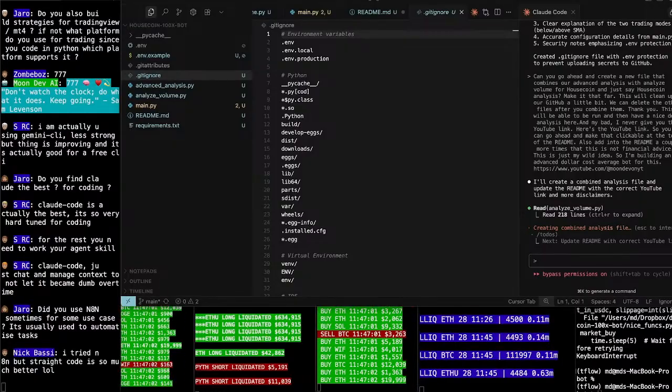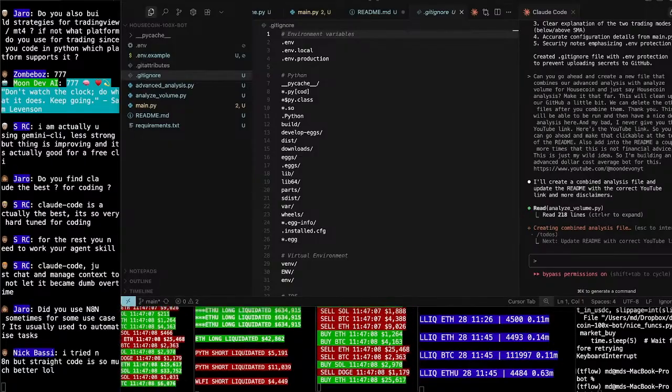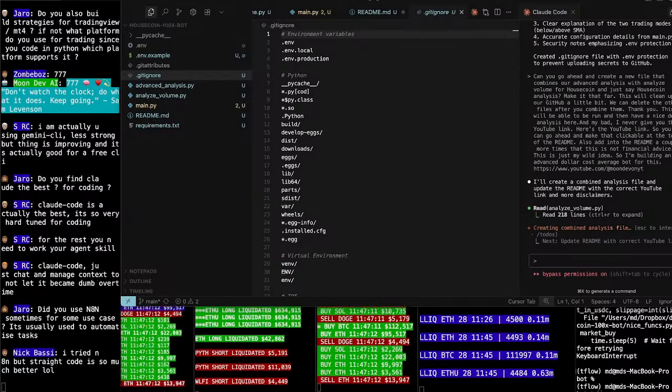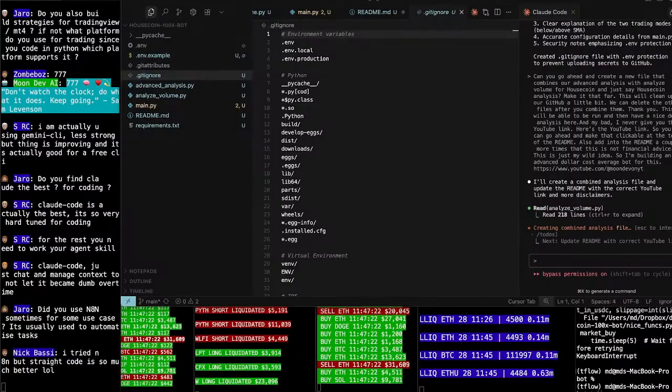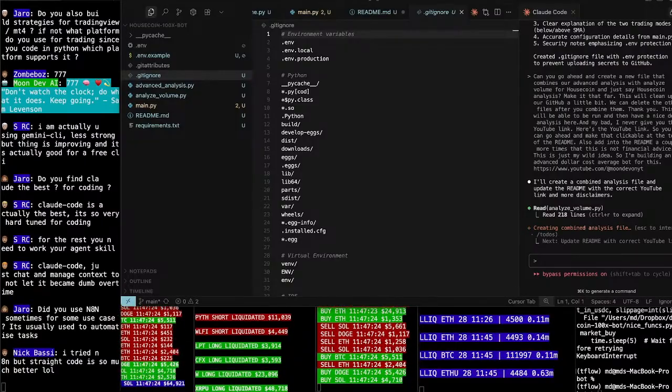But I would be interested to hear what Jaro is using it for, because the idea of how he uses it can still be very, very helpful. And on top of that, it can be tweaked and made better.